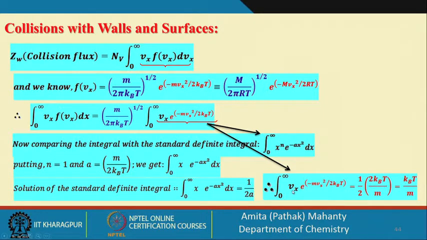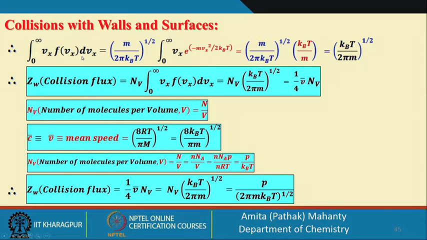I put the values in the expression of 0 to infinity here, in terms of this, and this term I am replacing by 1 by 2a. So, this is my 1 by 2, and this is my a. Okay, clear? So, I get kT by m.